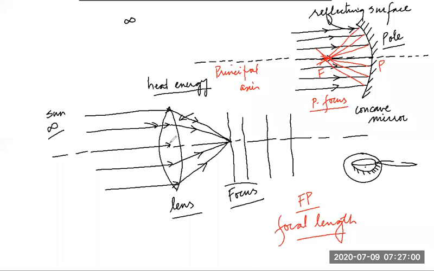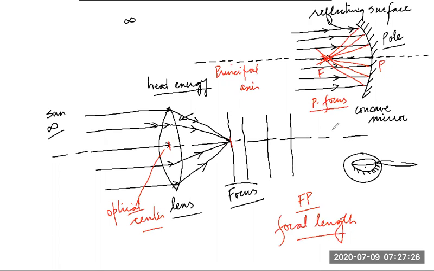This is the focal length of the lens. We'll discuss lens in detail. The only difference in case of lens, the center point, we cannot touch the center point. It's inside the lens. It's known as optical center. And in case of a mirror, it's known as a pole.